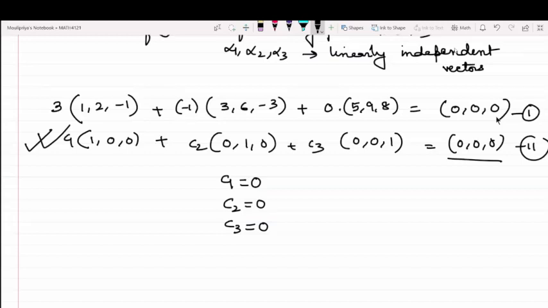Yes, ma'am. But for the first case, we can have at least one non-zero value of a Ci for which the resultant is equal to 0.